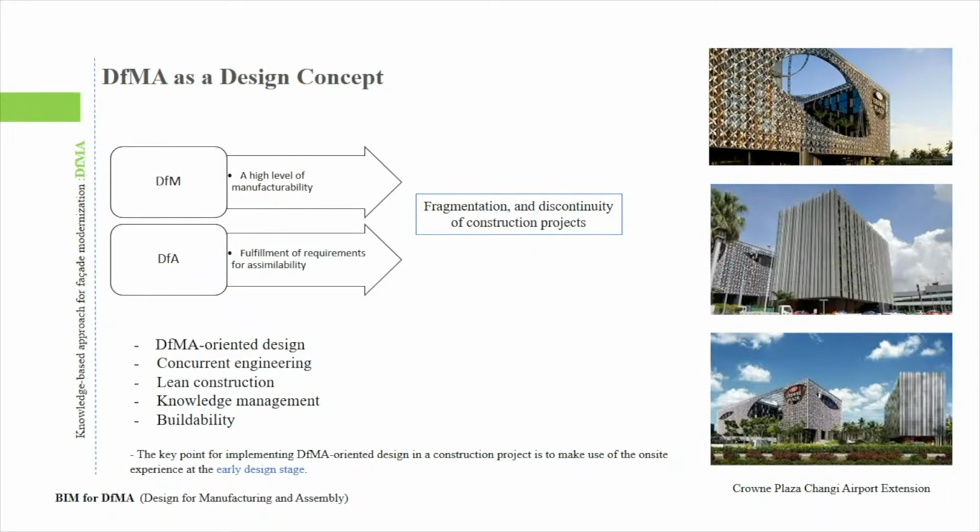Application of DfMA-oriented design in construction, in the literature, is mostly related to other concepts such as concurrent engineering, lean construction, knowledge management, suitable procurement method, and buildability. But the key point in application of DfMA is to bring the knowledge of construction into the design process and use it at an earlier stage of design, in this case knowledge of manufacturing and assembly.